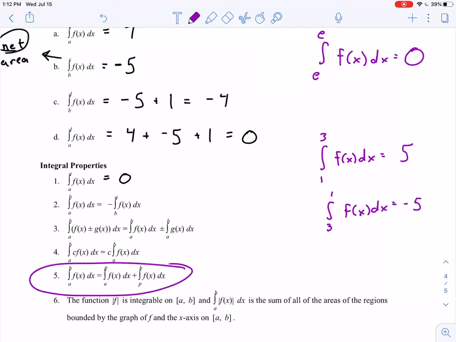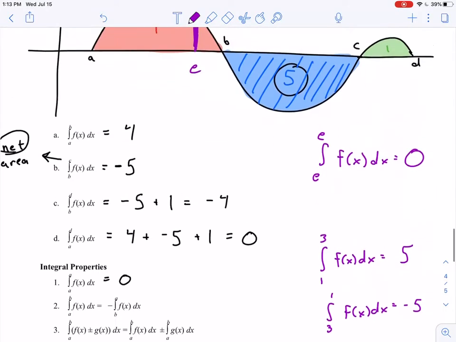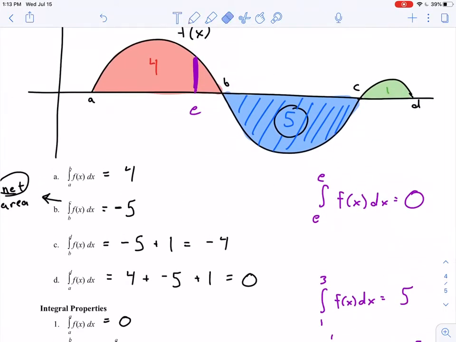5, this one is kind of interesting here. It says if you want to integrate from a to b of f of x dx, that's the same as the integral from a to p of f of x dx plus the integral from p to b of f of x dx. And the way I think about this is you just have a midpoint here, like a halfway point. So if I go back and look at this example up here, let's take part C right here.